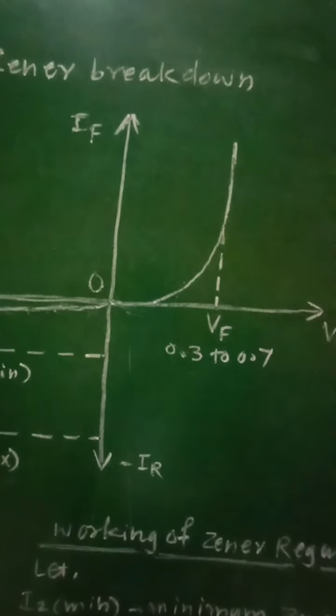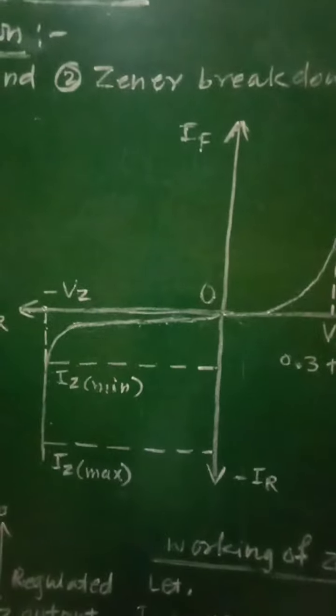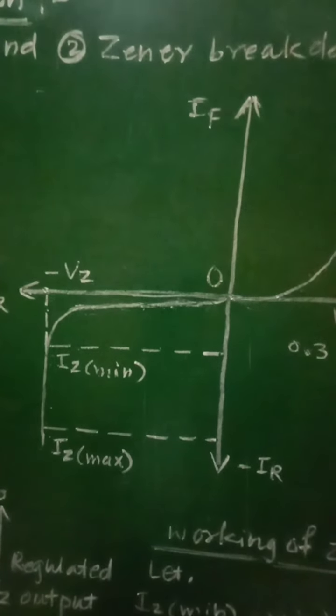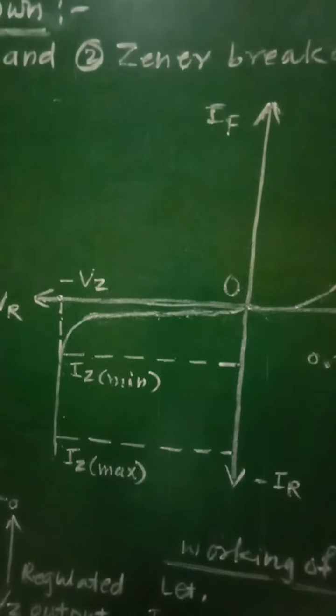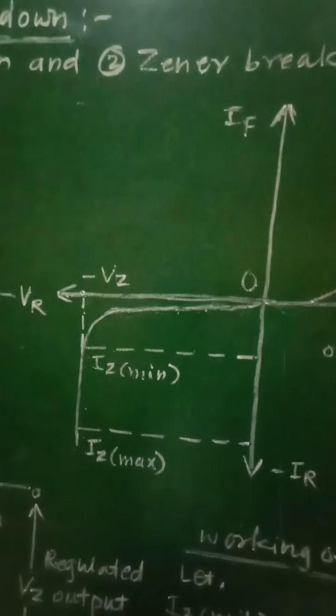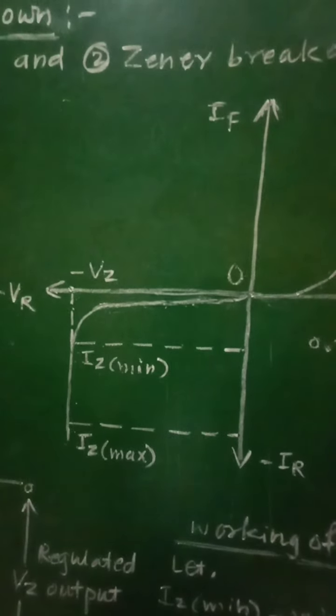When it is reverse biased, it shows breakdown at the breakdown voltage Vz. Then the current suddenly increases if the applied voltage is increased beyond the Zener voltage, that is Vz.